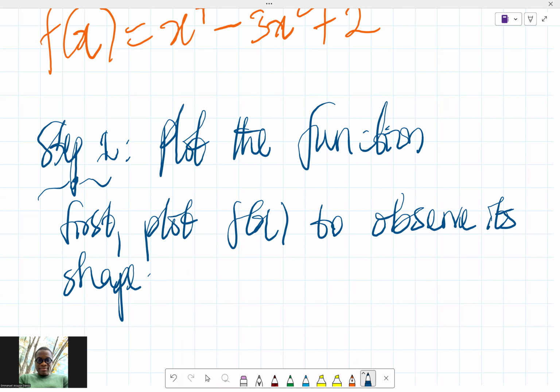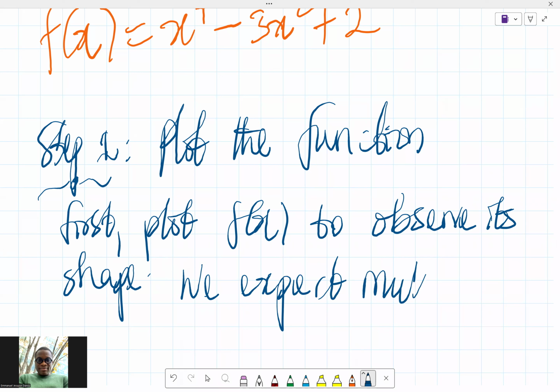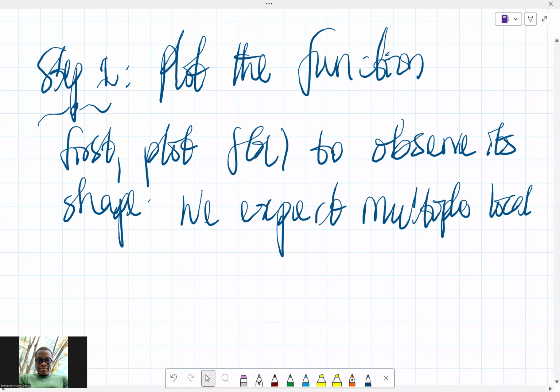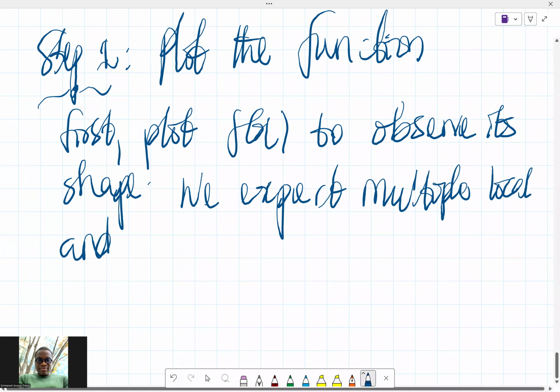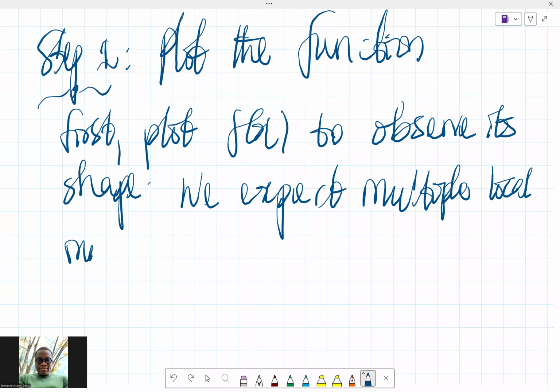So we expect multiple local minima and maxima, as you can already see from that.